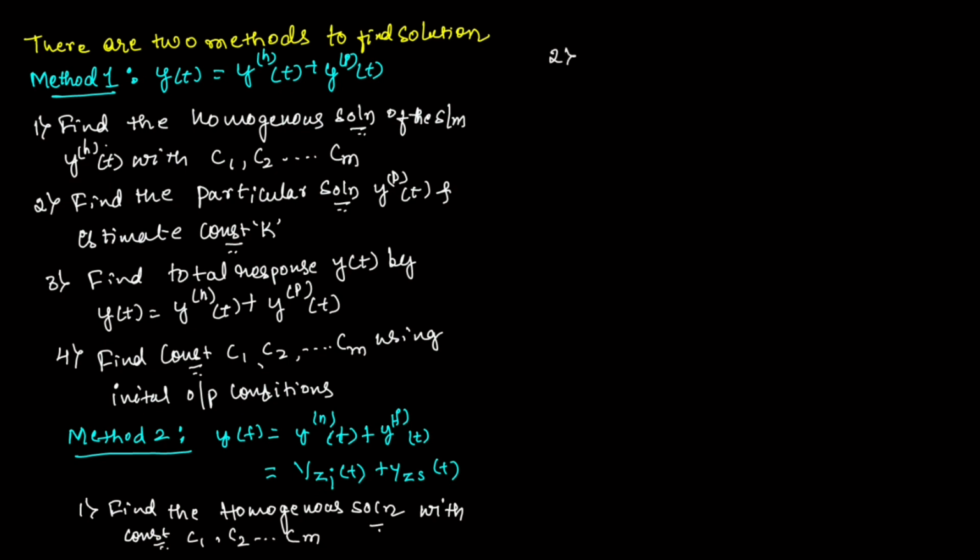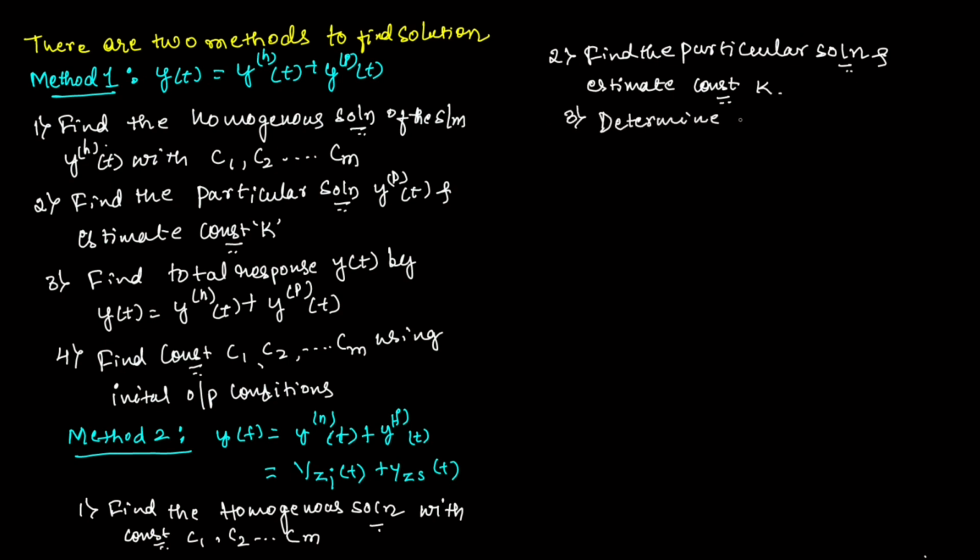The second step is to find the particular solution and estimate the constant k. The third step is to determine the natural response yn of t.